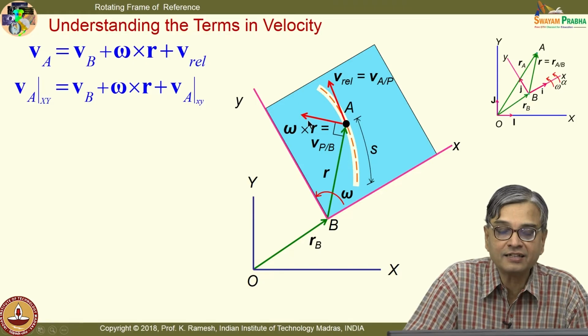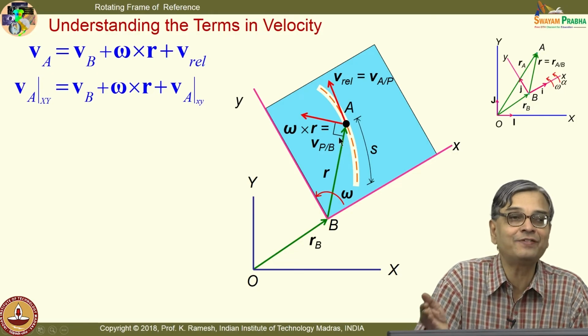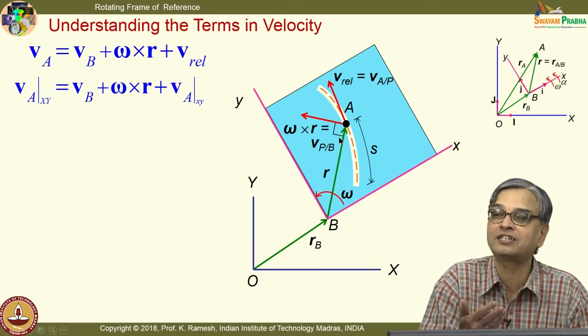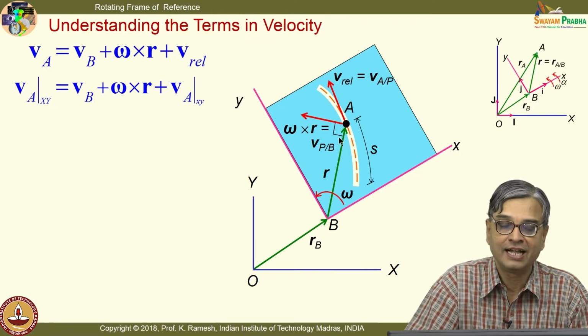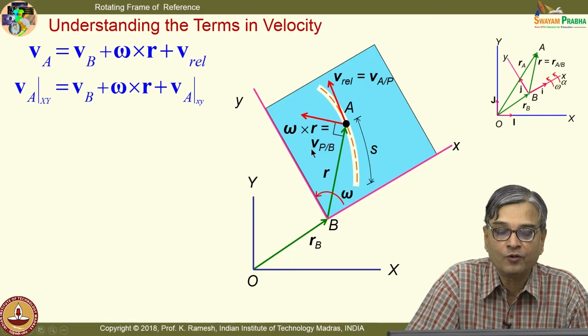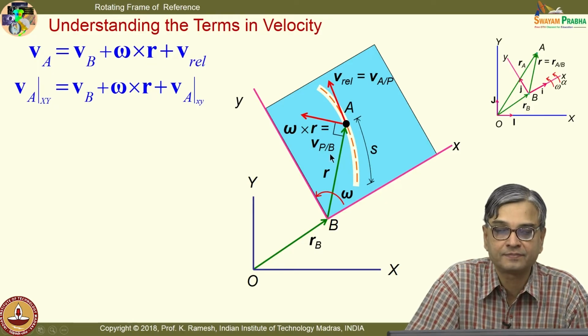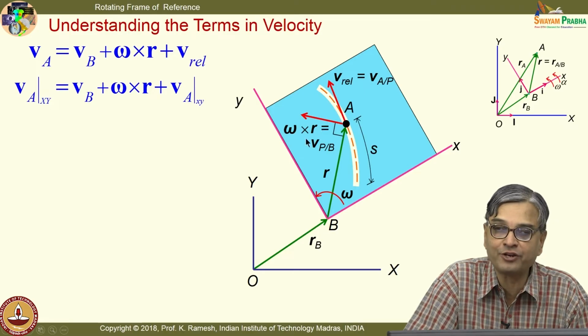Can I write this? Because I know any point on the rigid body will appear as if it is rotating with respect to the point. Then I can find out the relative velocity. Relative velocity is perpendicular to the direction. That I label as Vp with respect to B. I can also calculate the magnitude as omega cross r.